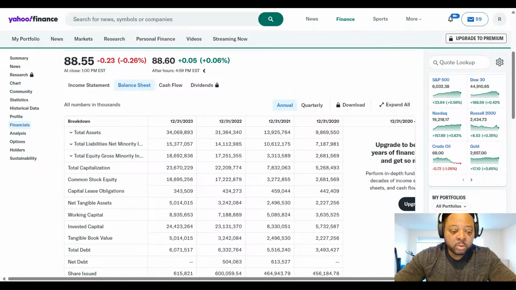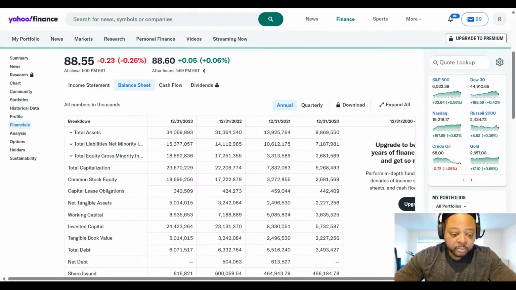Total assets minus total liabilities will give you total equity gross minority. That's what that number is: total assets minus liabilities equal to net worth. But they said total equity gross.